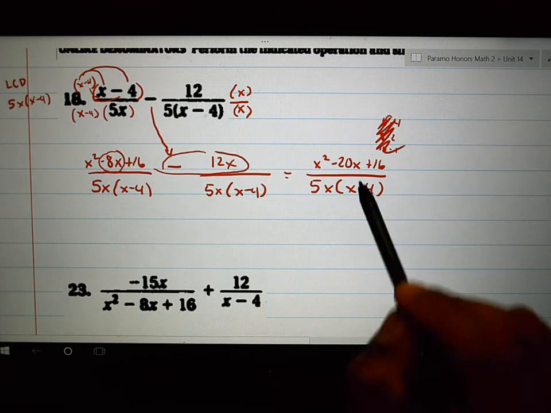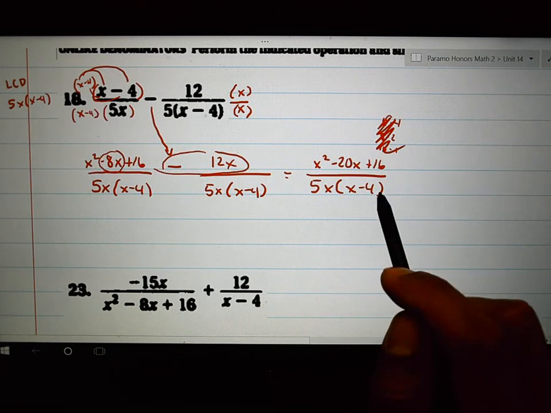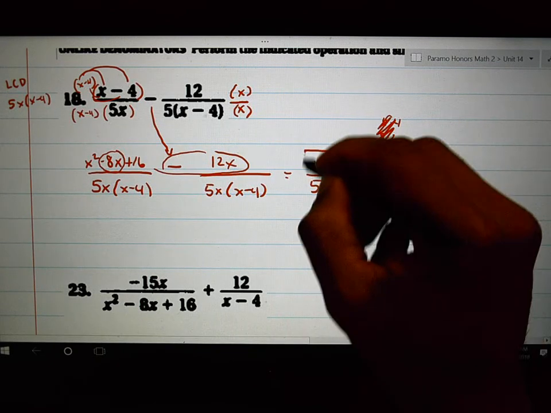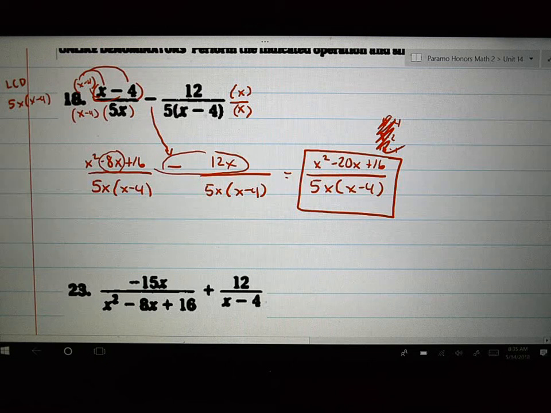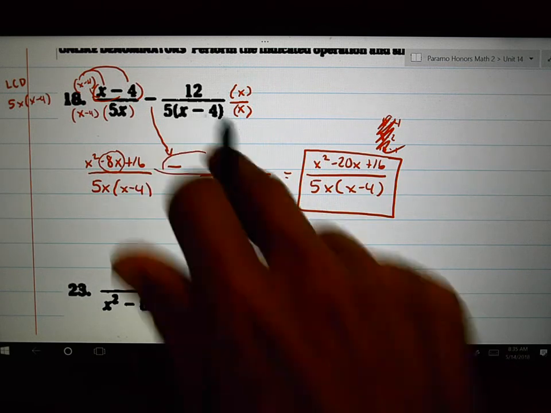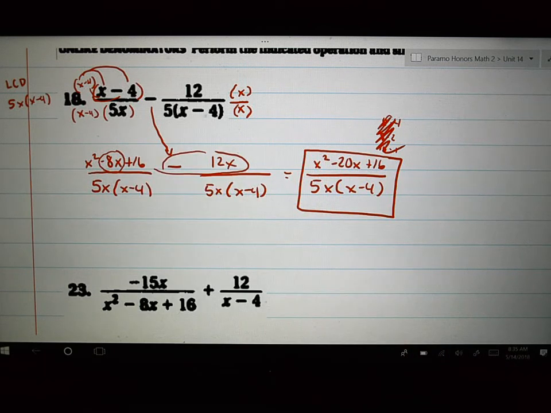You should always check to see if it factors. It may or may not. We tried to factor it just in case, because the people who wrote your test are going to want you to see, can you still simplify it after you're done? The people who wrote these questions in the textbook, they were just giving you some problems.